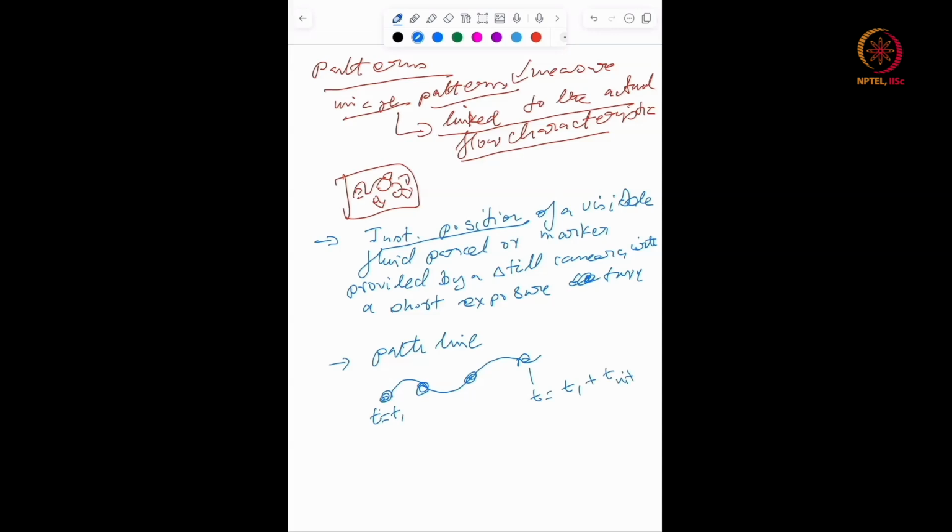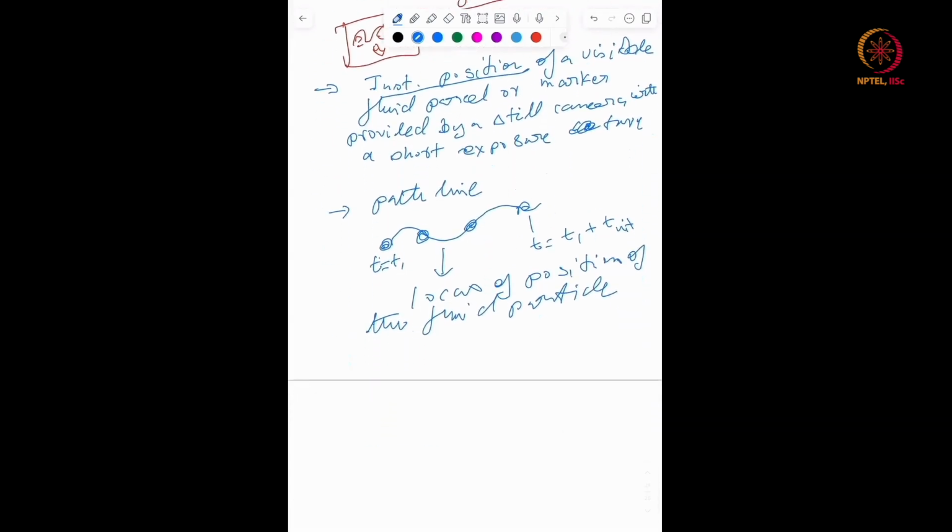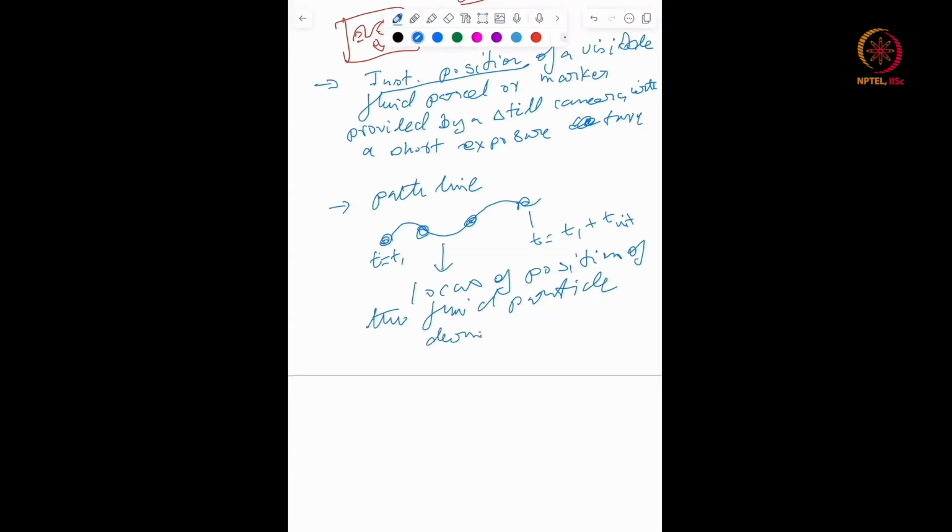So this is the locus of the positions of the fluid particle during a time interval. Okay.